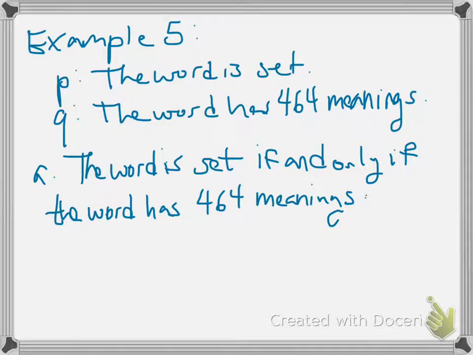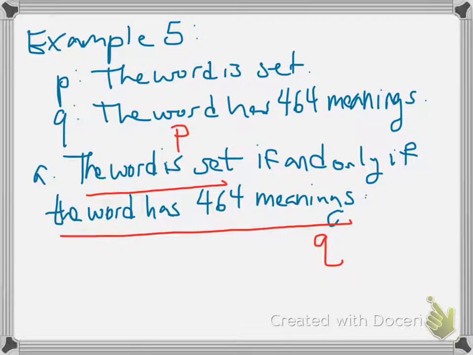So, the word is set if and only if the word has 464 meanings. The word is set, that's going to be statement P. The word has 464 meanings, that's going to be statement Q. So since we're dealing with if and only if, that is that double arrow symbol with the arrows pointing in either direction. And that is how we're going to write it. P, if and only if, Q.